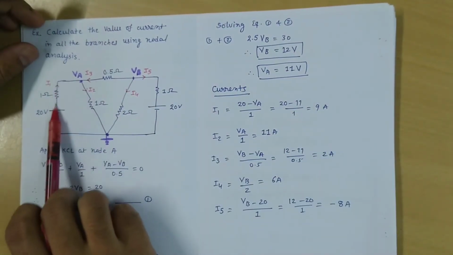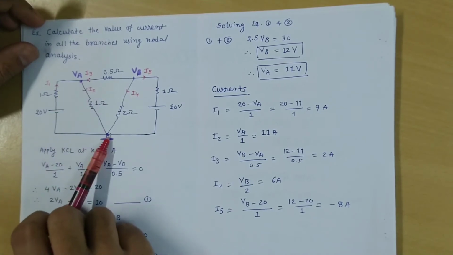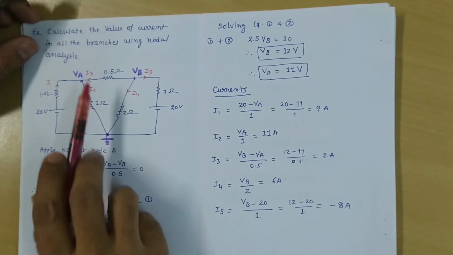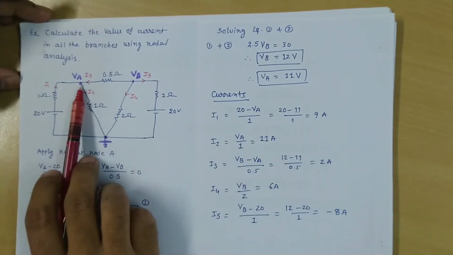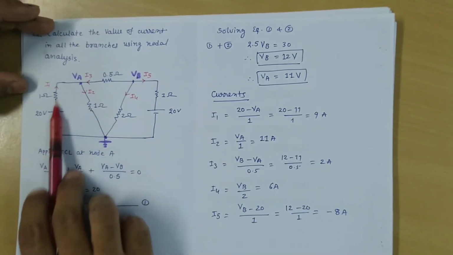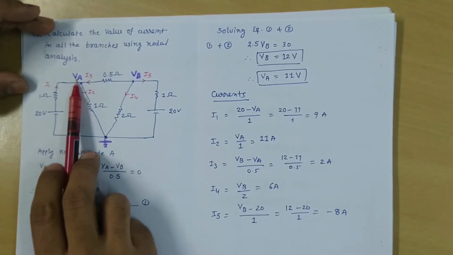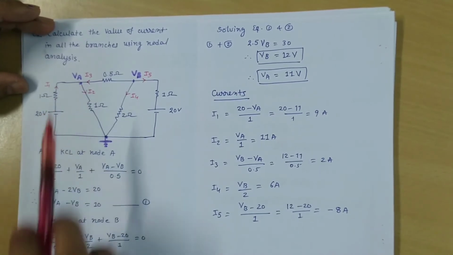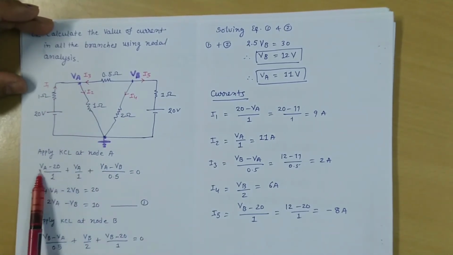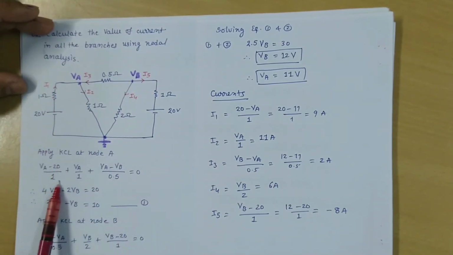Either you consider the direction of current and then make the equation, or you can directly make the equation. So we are directly writing the equations. In this branch there are 2 voltages, VA and 20 volt, in opposite directions. So the equation is VA minus 20, and the resistance between them is 1 ohm, so divided by 1.